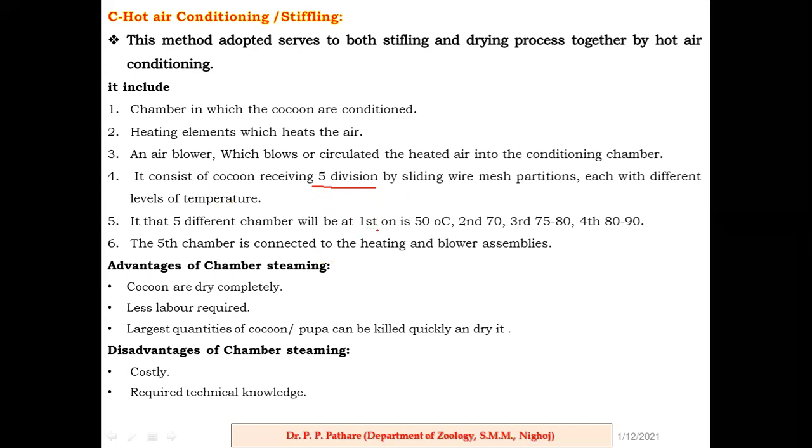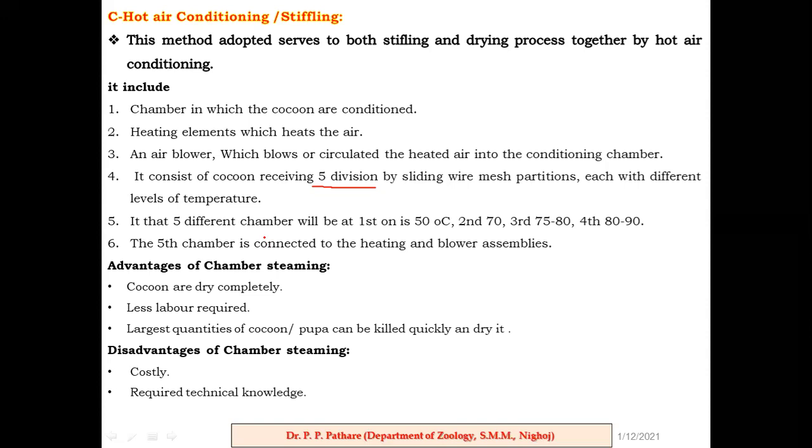For example, the first chamber is 50 degrees centigrade, the second 70, the third 75 to 80 degrees, and the fourth 80 to 90 degrees. The last one, the fifth chamber, is directly connected to the heating or boiler section, which continuously supplies hot air to whatever cocoons are loaded inside your chamber.